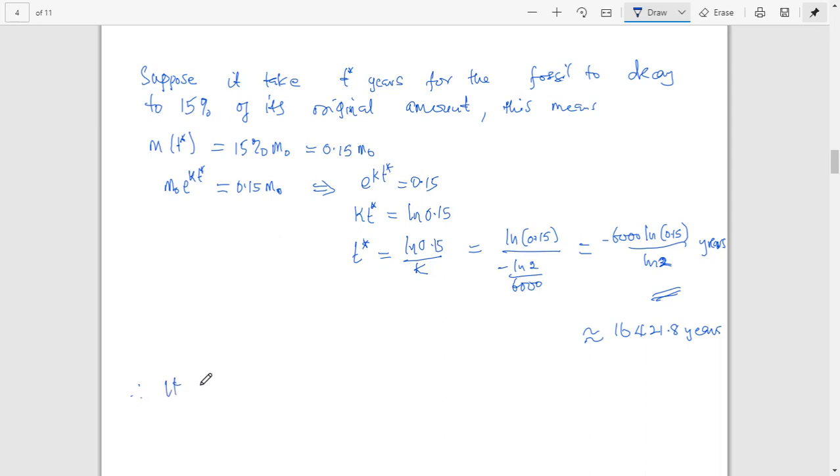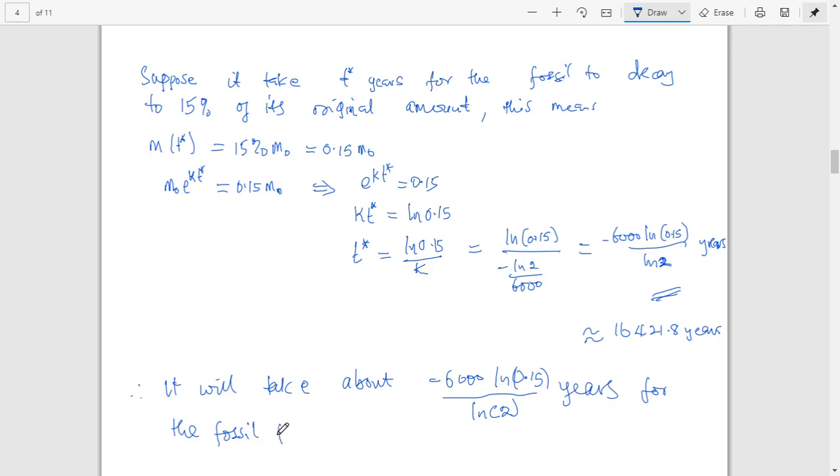Therefore, it will take about negative 6,000 ln of 0.15 over ln of 2 years for the fossil to decay to 15% of its initial amount.